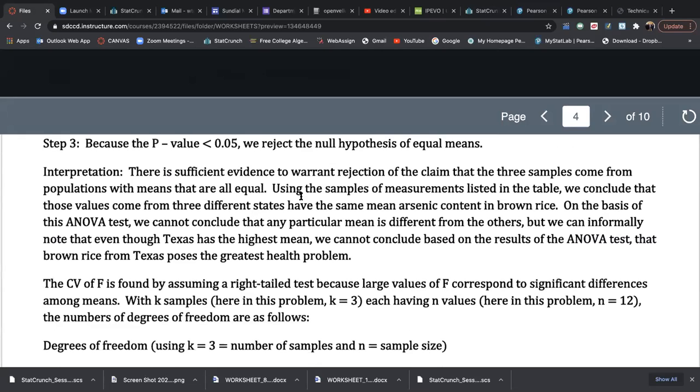Okay, so again, to recap our interpretation here, using the samples of measurements, we conclude that those values come from 3 different states.